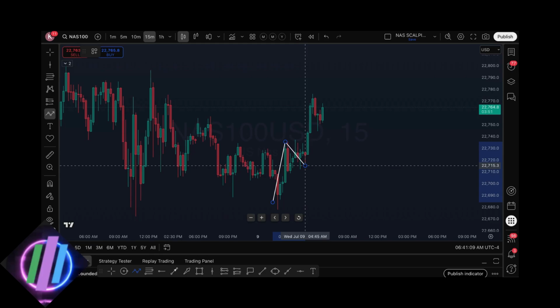It may confirm that you need to be cautious about what's going on, but it doesn't necessarily confirm that the bias is bullish. The only thing that confirms a bias is the break of this high.